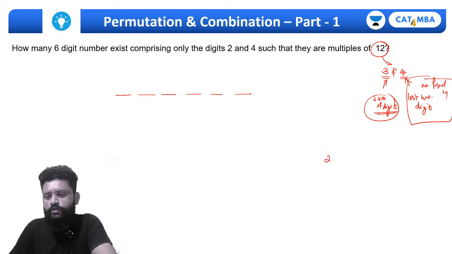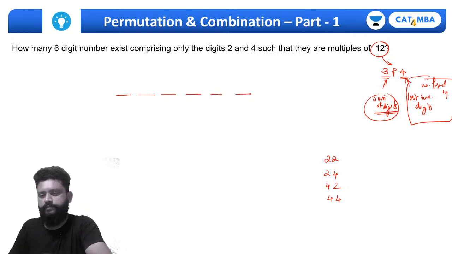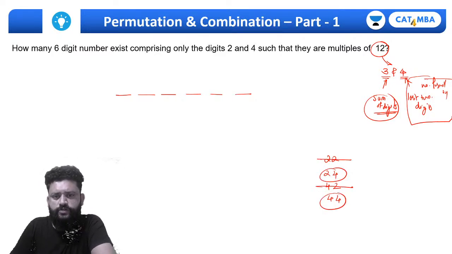So what we can have: 22, 24, 42, 44. These are the possible endings. We cannot have 22, you cannot have 42. So the last 2 digits must be either 24 or 44.